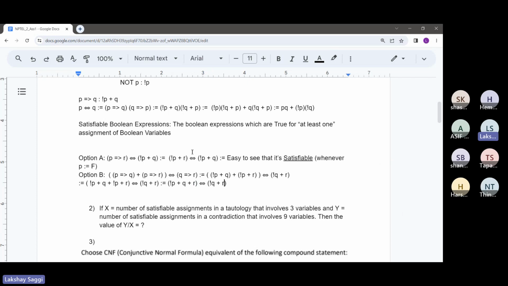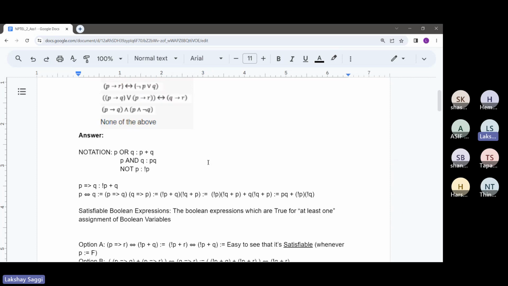This can be seen easily, it's sort of an oral exercise. If I set R to true, irrespective of the values of P and Q, this expression will be true. Similarly, this expression will also be true if R is true. So true if and only if true will give me a value of true itself. That's why option B will be satisfiable at least whenever R is true.